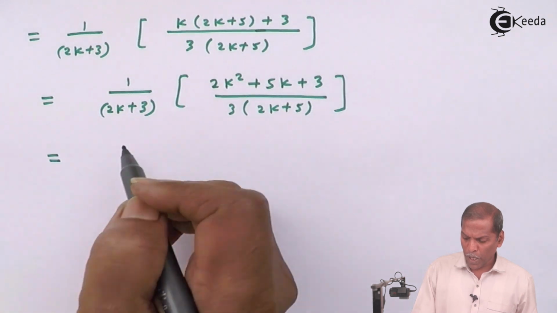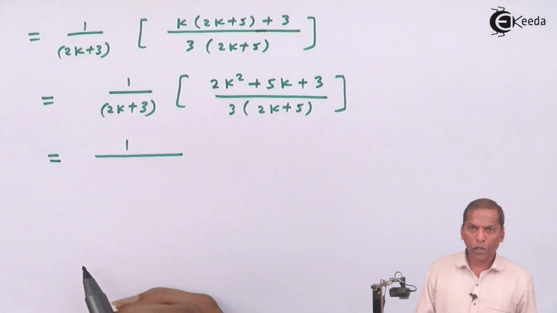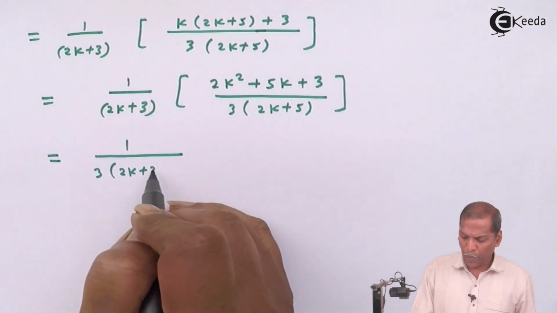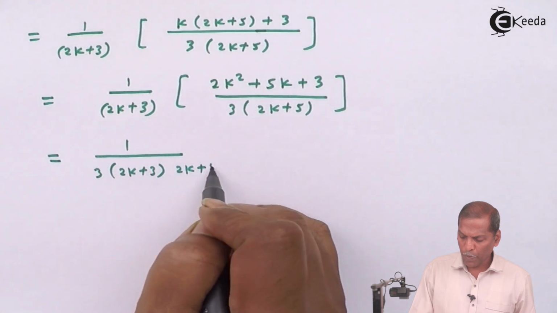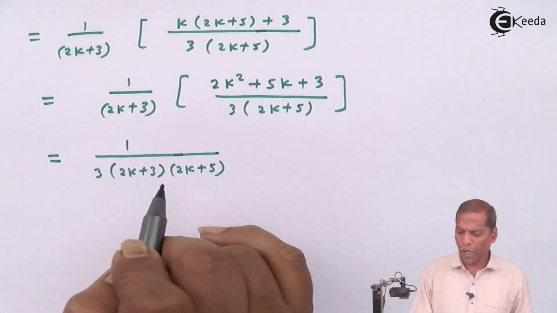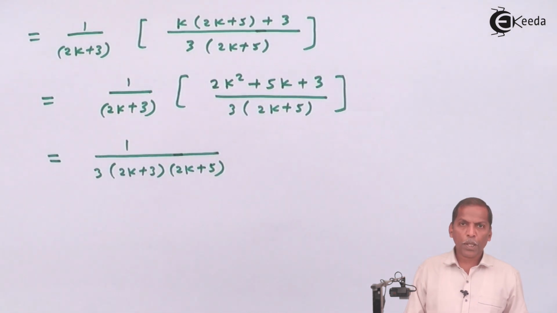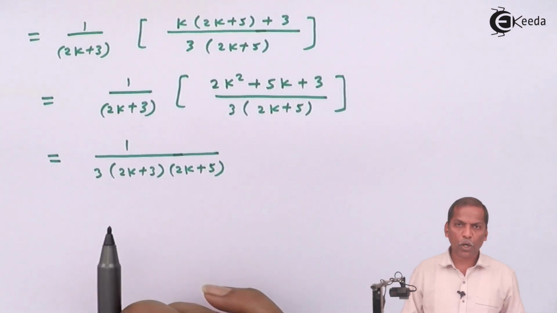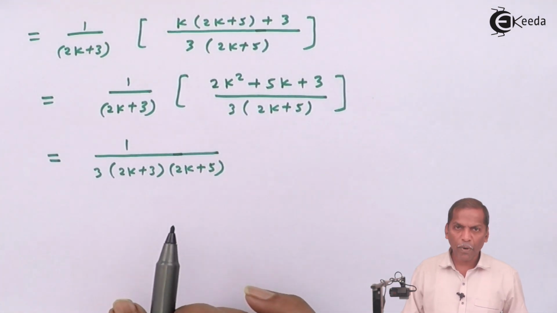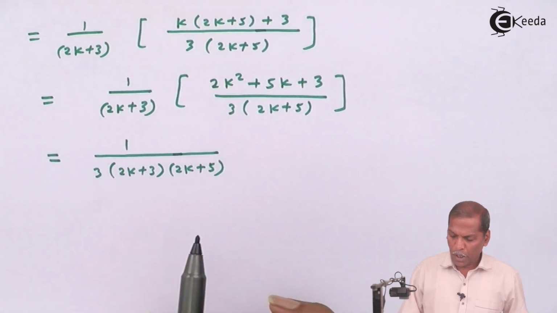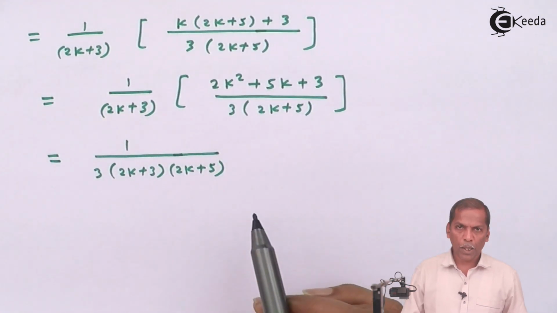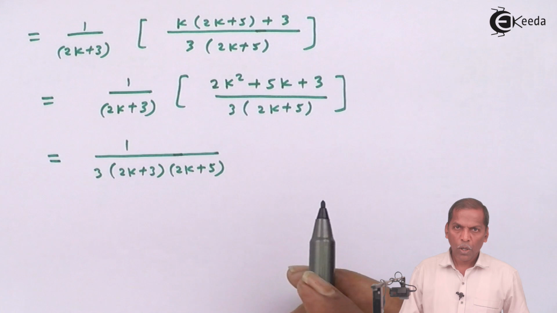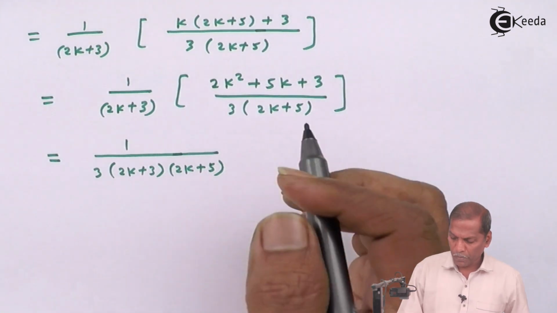So this gives us 1 upon, now in the denominator we write 3 in bracket (2k plus 3), first bracket, (2k plus 5), second bracket. Now the term present in the numerator, 2k square plus 5k plus 3, is a quadratic expression and we have to factorize it. Since 2 into 3 gives 6, we have to factorize 6 in such a way that the middle term is 5, which gives us 2 and 3.